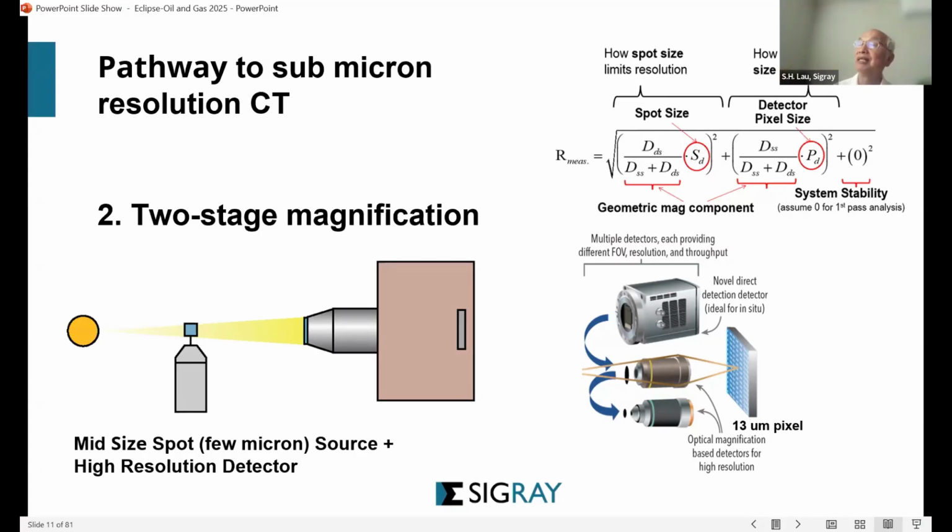Your TEM, how do you get the image? The shadow or the contrast of the image goes on the phosphor screen on your TEM. So here you put a scintillator in front of your objective microscope lens. With that, now you'll be able to see contrast or the projected image on the scintillator that is now magnified onto the detector.